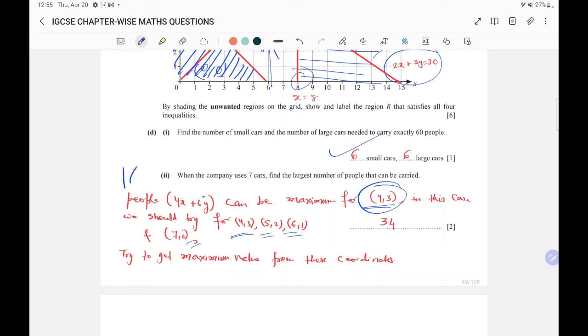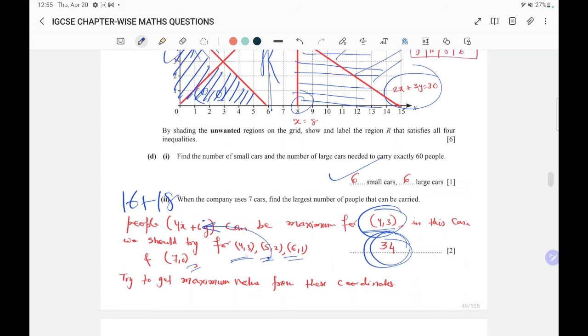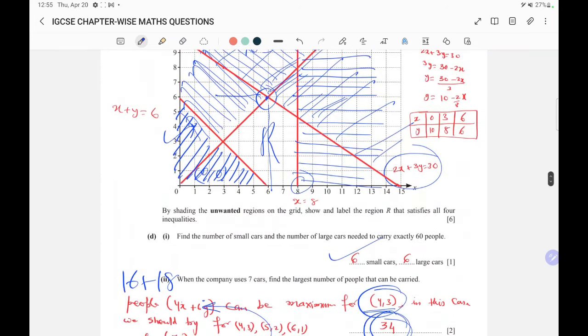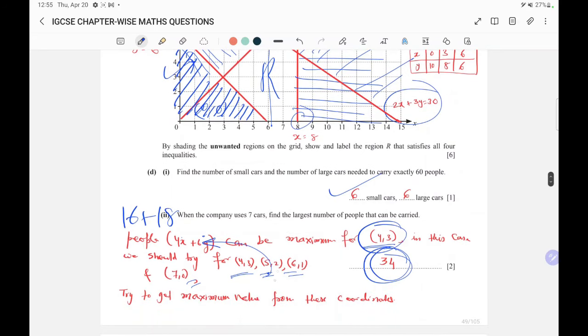So 4 times 4 is 16 and 6 times 3 is 18. 16 plus 18 is 34. Similarly, you can put 5, 2 here, but that will be smaller than 34. So the overall maximum will be 34, because here we cannot select exactly 1 point. So we have to check these 4 points to select the maximum value.